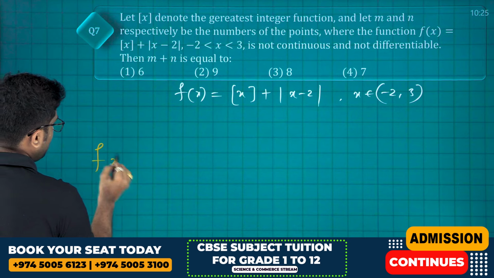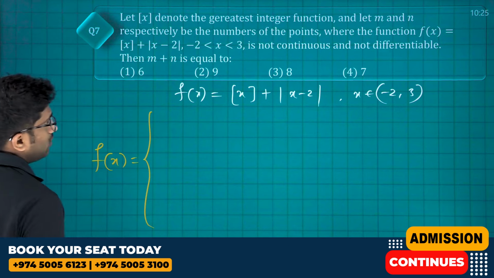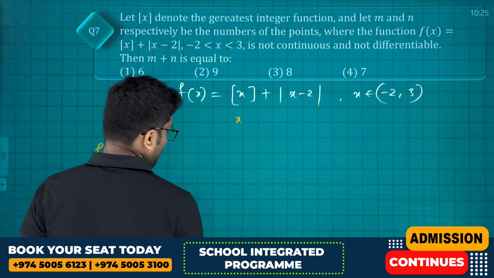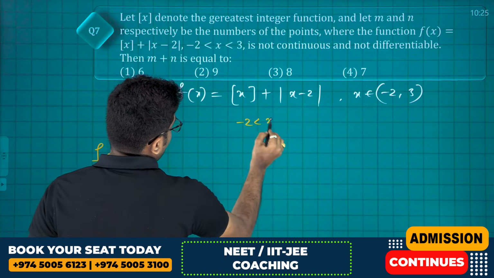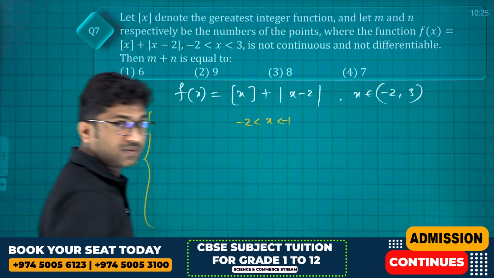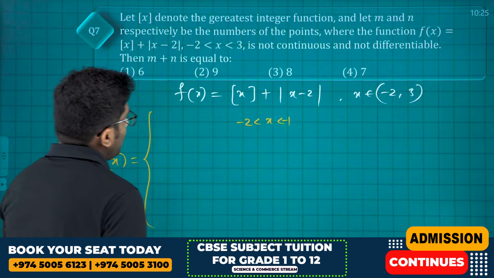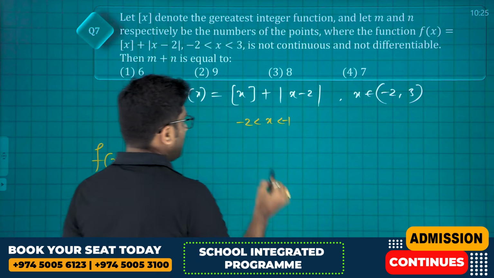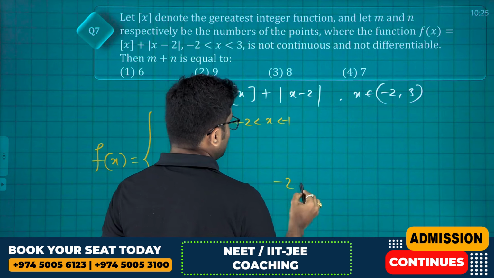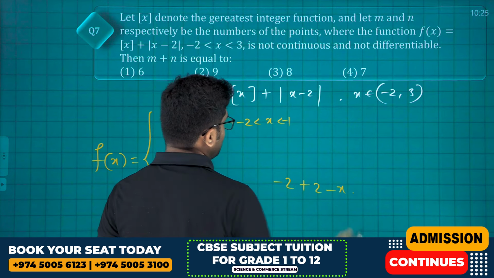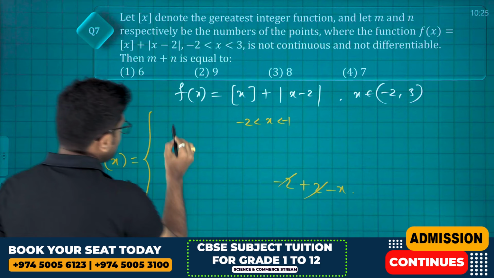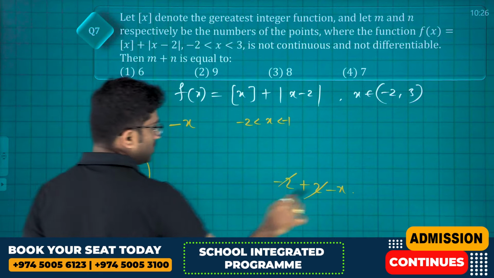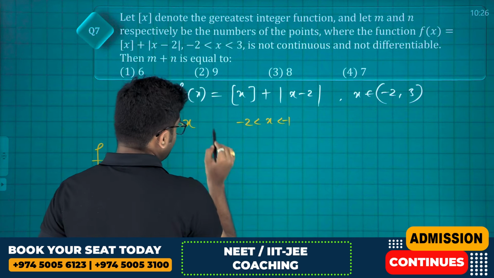Now f of x is equal to, first from minus 2 to minus 1, that is minus 2 less than x less than minus 1. If x belongs to minus 2 to minus 1, friends, step x will be minus 2 now. Okay. So step x is minus 2 and this is negative. So this is anyhow 2 minus x it becomes. 2 gets cancelled. So the function will be minus x. For x belongs to minus 2 to minus 1, the function is minus x.